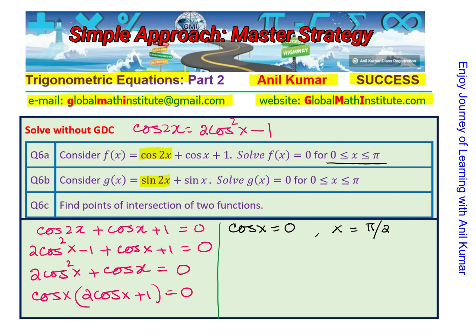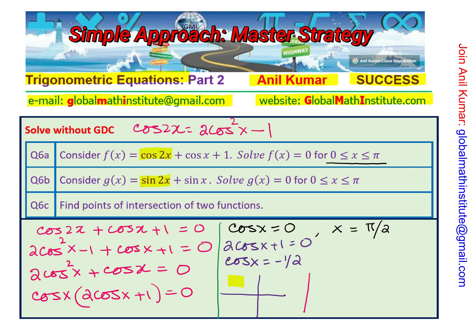And the second part is we have 2 cos x plus 1 equals 0, which means cos x equals minus half. So we are looking for a solution in quadrant 2, right? You can also draw a special triangle to get the exact value. So cos x half means adjacent to hypotenuse.